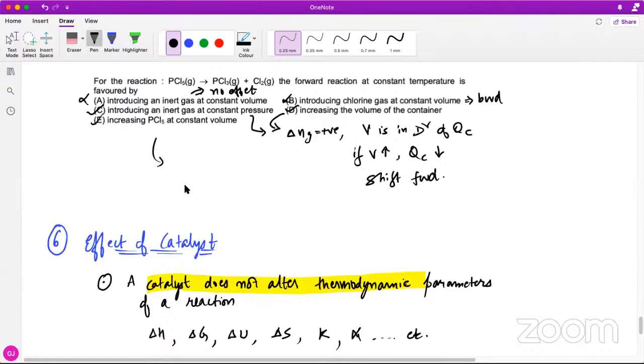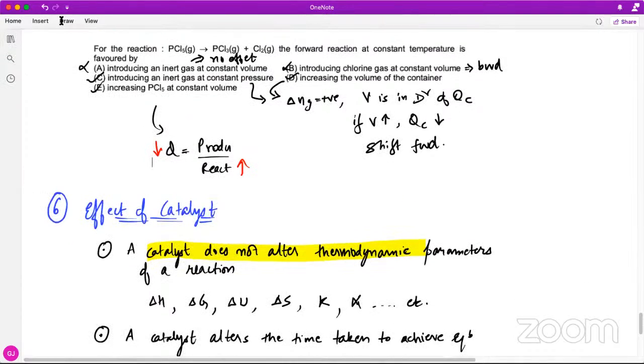And E, of course, is the same thought process. Q is equal to product upon reactant. If I increase the value of the reactant, the value of Q will decrease and the shift will be forward. Okay, is it clear to everyone?